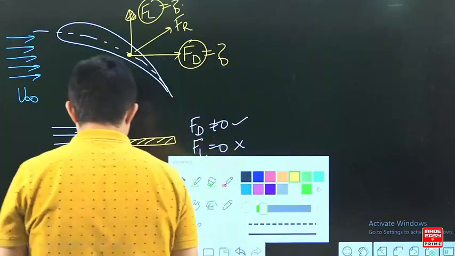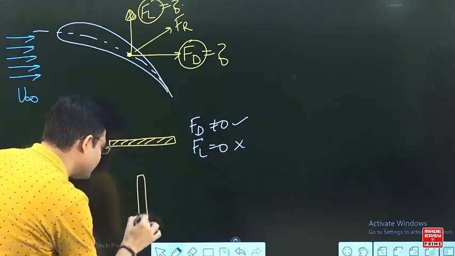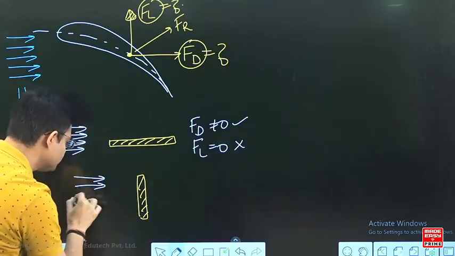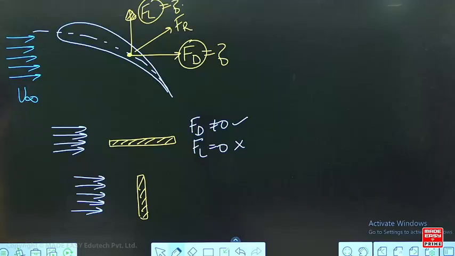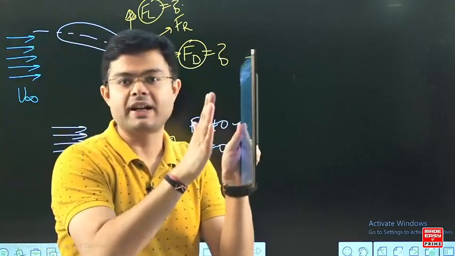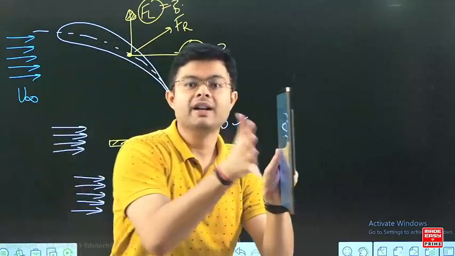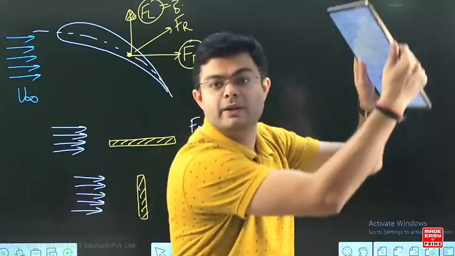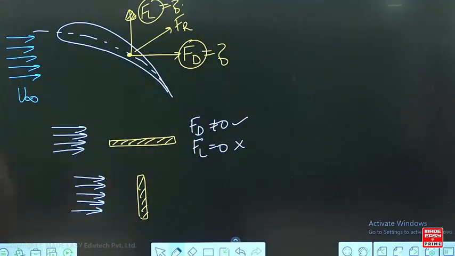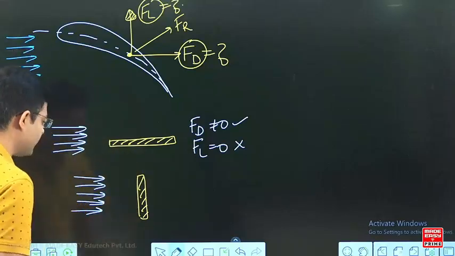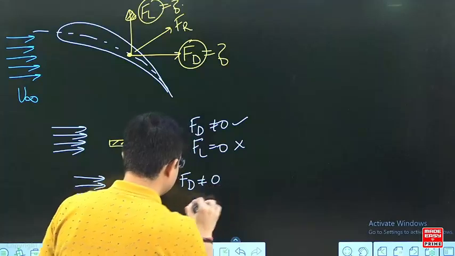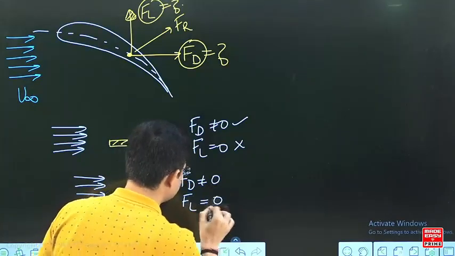For example, if you keep this plate vertical in the flow, and fluid is coming in from here, again this plate will only experience drag, but there will be no lift. Clear, guys? So there will be drag, but no lift in this case.